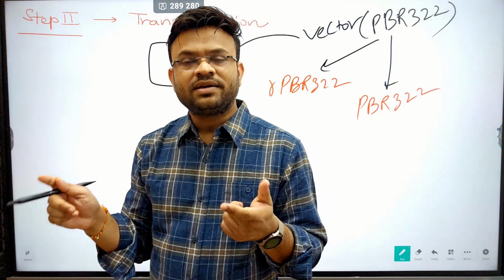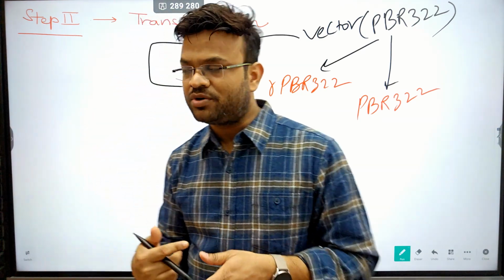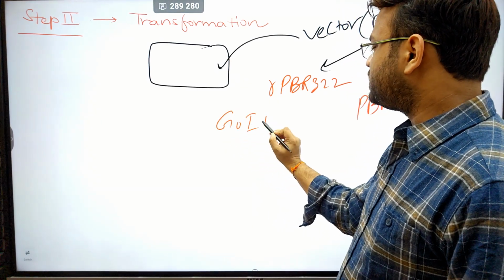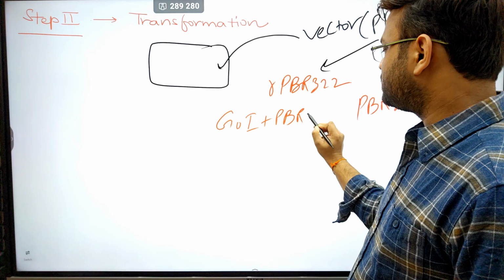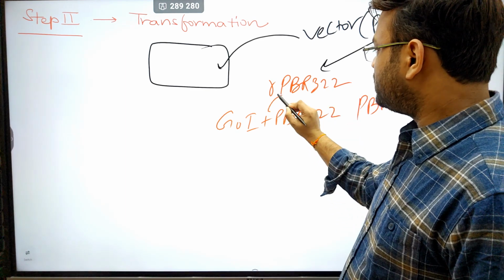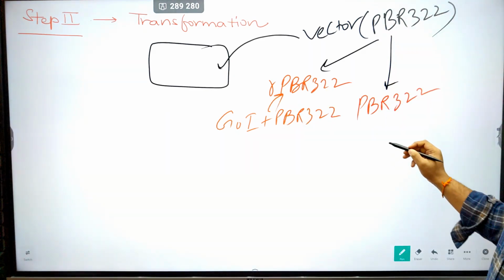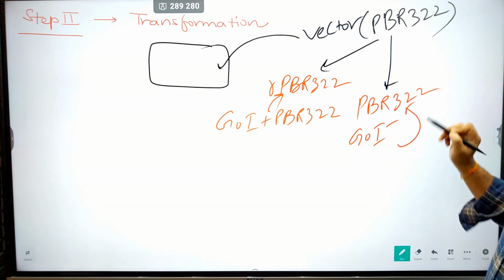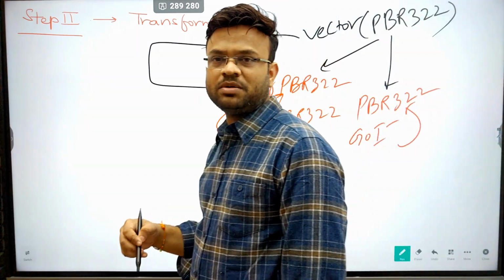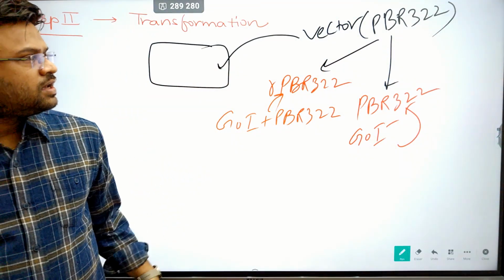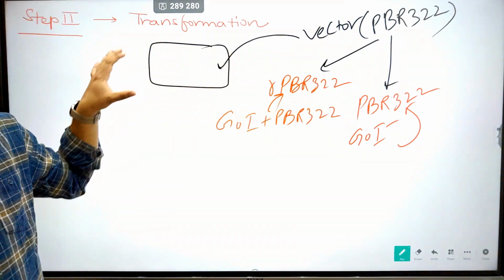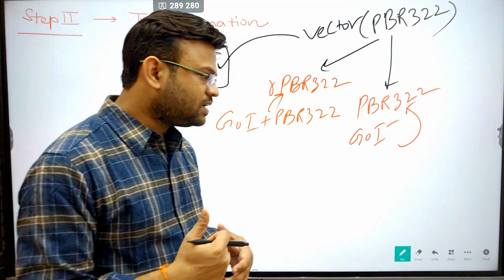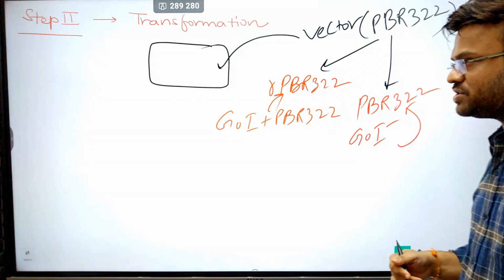If it was integrated, then it will be called recombinant pBR322. So let me just write it down over here. When the gene of interest was integrated into pBR322, it will be called recombinant pBR322, and when the gene of interest was absent, it will be called normal pBR322. So this was the scenario. Both of these will be incubated in the presence of bacteria, and they will be allowed to enter inside the bacteria. This process is called transformation.